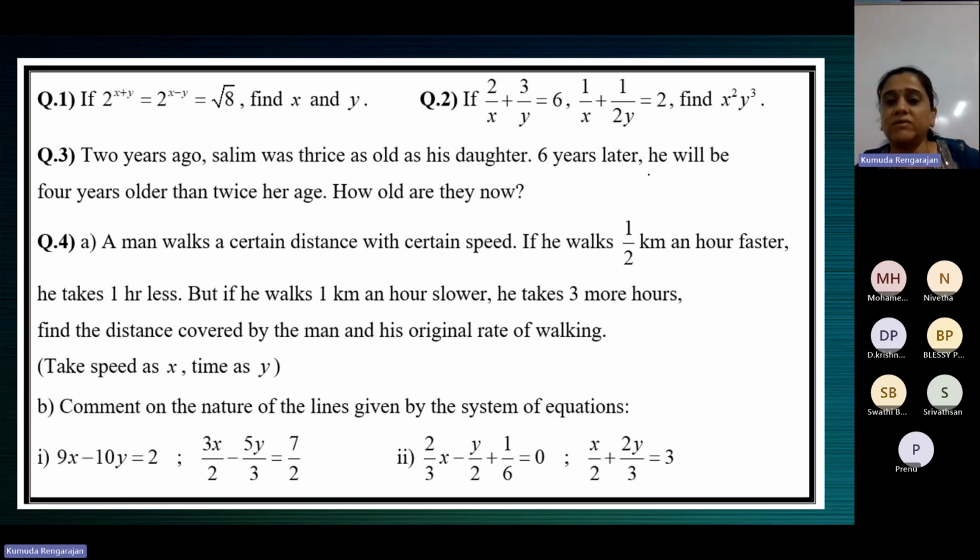Similarly, what is B1? Minus 10. Divided by what's B2?